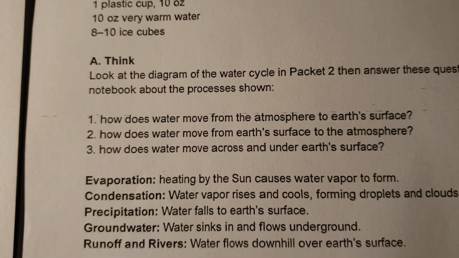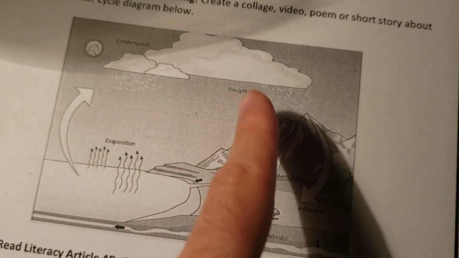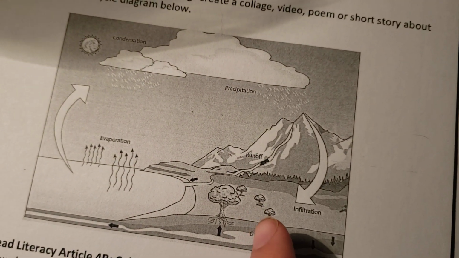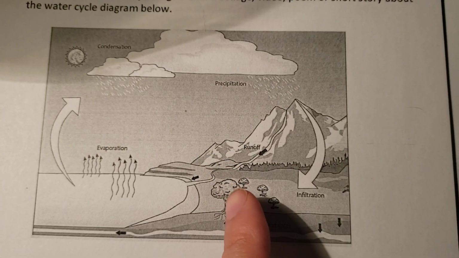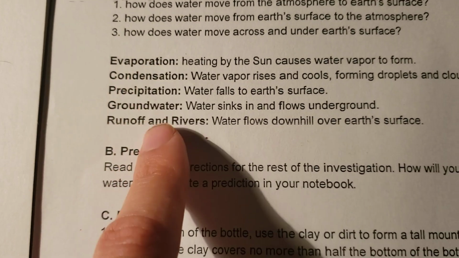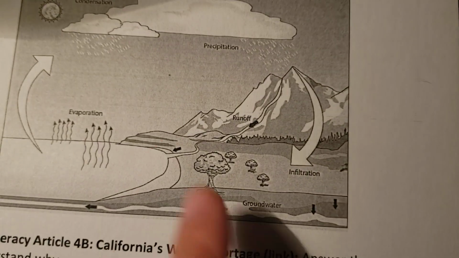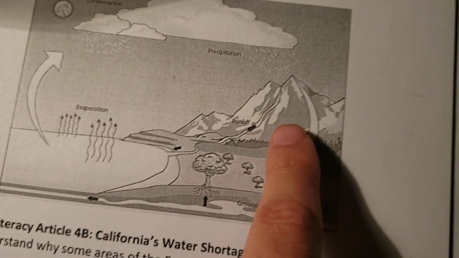All right. So number 1. How does water move from the atmosphere to Earth's surface? So atmosphere is up here, Earth's surface is here. How does the water get from here to there? You'll see you got a list of definitions here. And if you haven't already guessed it, you can literally see the word precipitation by the rain falling here.